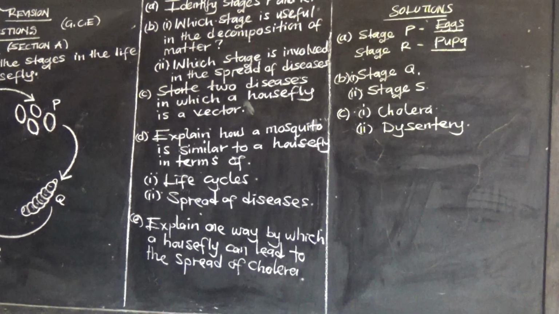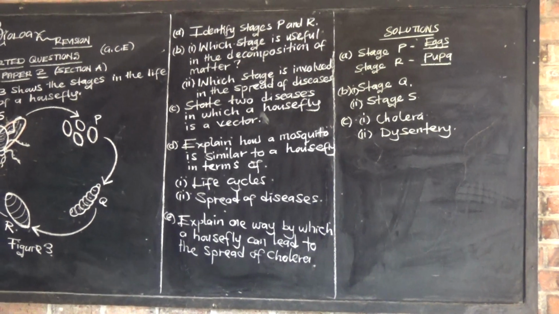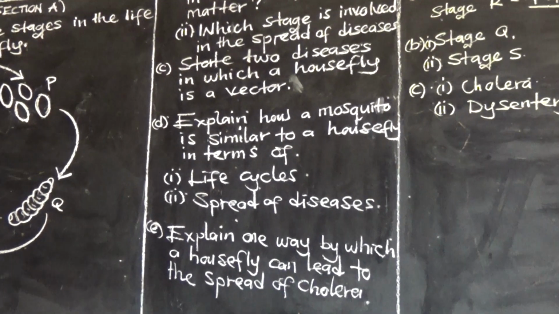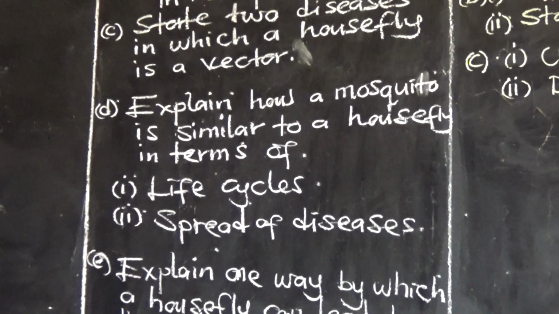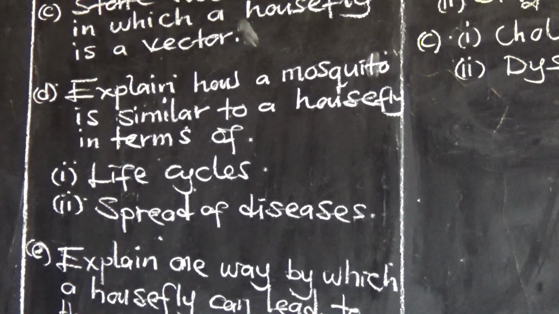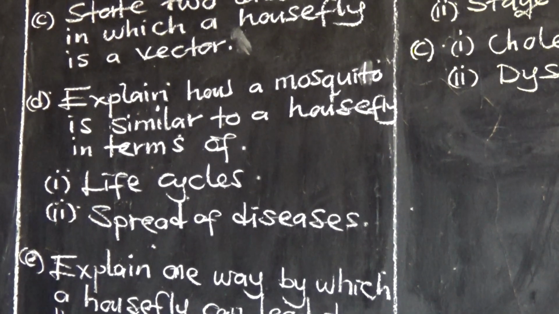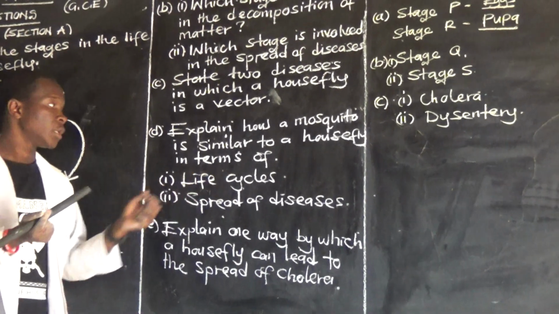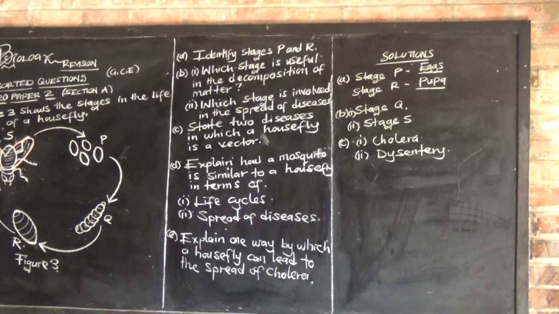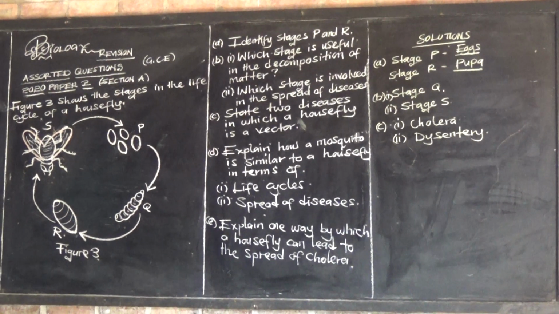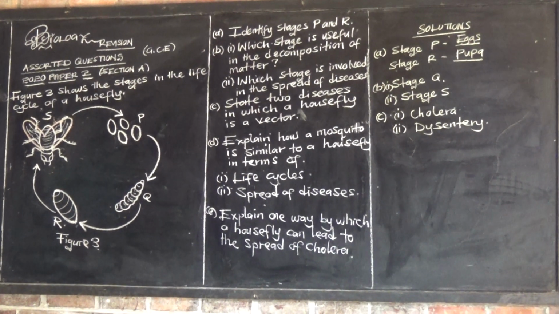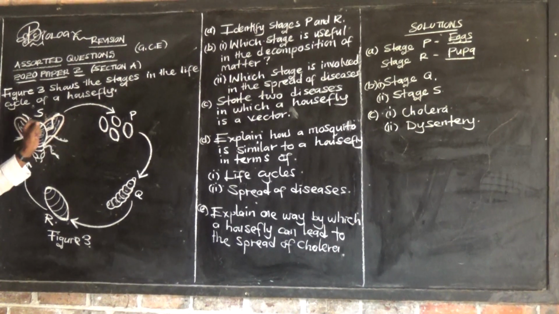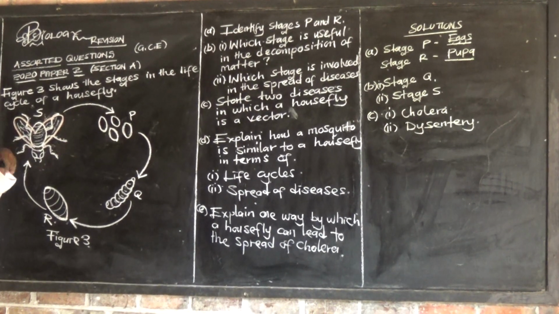Then question D. Explain how a mosquito is similar to a housefly in terms of two aspects. The first aspect is the similarity in terms of the life cycles. Remember what I said: both the housefly and the mosquito undergo complete metamorphosis, which involves the four stages.